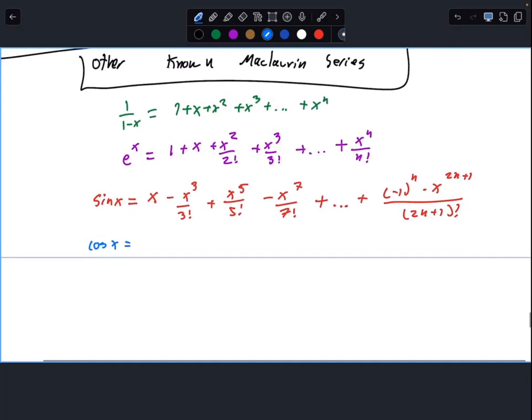Okay. Which is 1 minus x squared over 2 factorial plus x to the fourth over 4 factorial minus x to the 6 over 6 factorial plus dot, dot, dot, plus negative 1 to the n times x to the 2n over 2n quantity factorial.